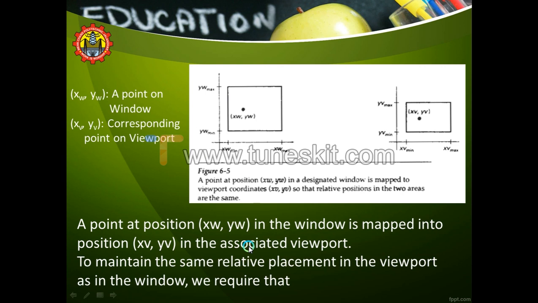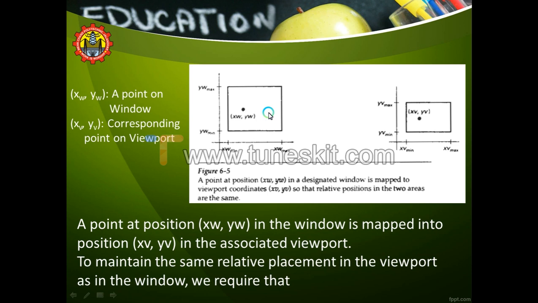Now our question is how we map a point at position xw, yw in the window into the position xv, yv in the associated viewport.